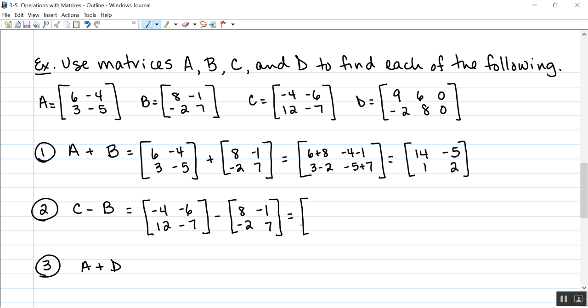That's going to give me -4 minus 8, -6 minus a -1, which is going to turn into plus a positive, 12 minus a -2, which is going to turn into plus a positive, and -7 minus 7. For a final matrix of -12, -5, 14, and -14.